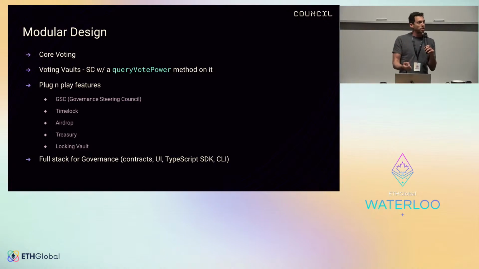That's not just the contracts, but a reference UI, a TypeScript SDK if you want to get scripty, and then this CLI that you'll see today where we can deploy contracts and even interact with them on the command line. So with that said, I'm going to hand it back to you, Ryan.